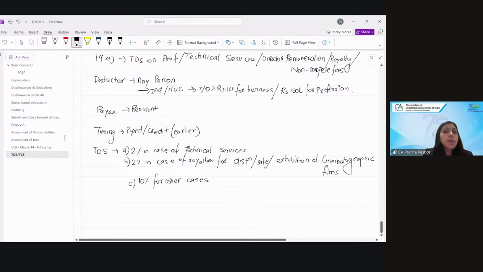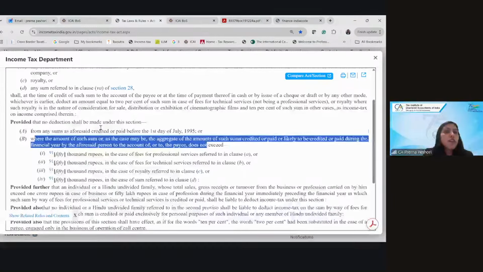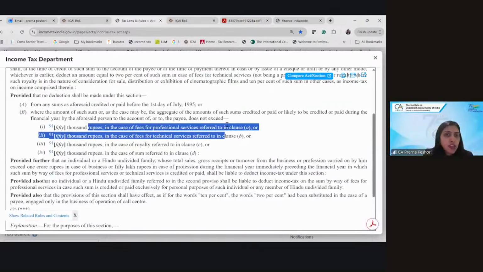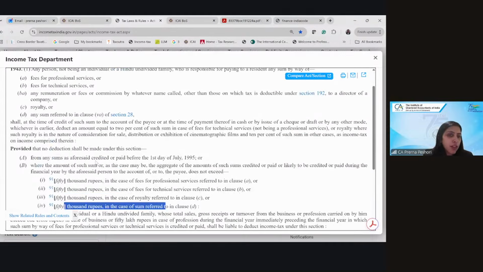No deduction shall be made where the sum or the aggregate of the sum paid during the financial year does not exceed 50,000 in case of professional services, 50,000 in case of technical services, 50,000 in case of royalty, 50,000 in case of the sum referred to in clause D, which is the non-compete fee.